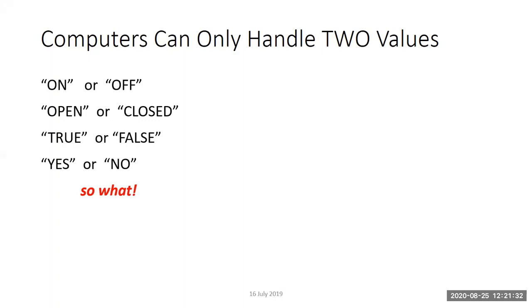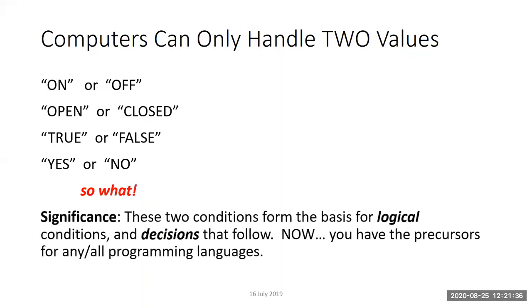So you have two different values. It's the two conditions, true and false, that form the basis for logical conditions and decisions that follow. So you can say, if the value of this experimental output exceeds 10 kilograms, then there's a decision that follows.